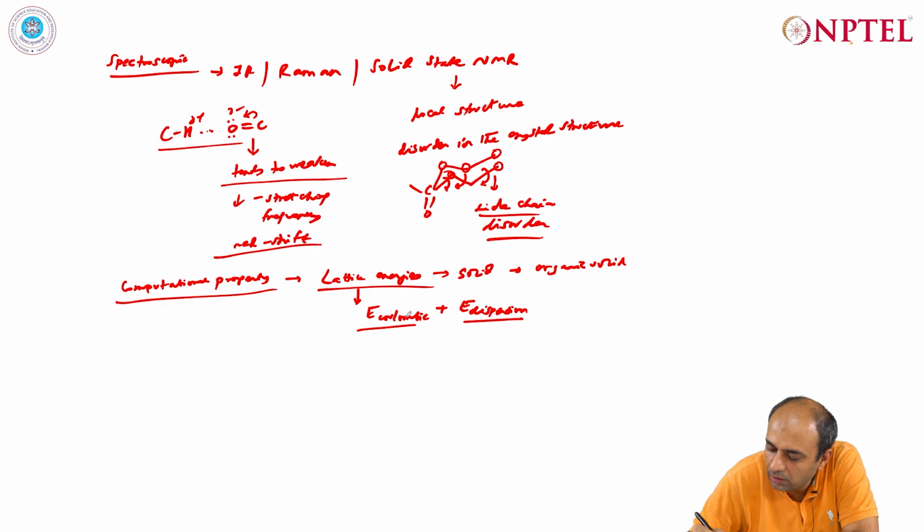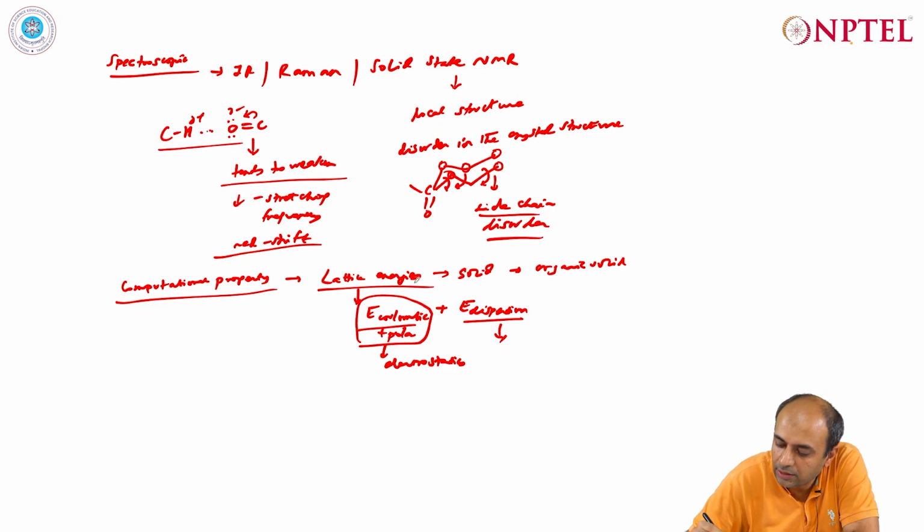So we can have the coulombic interactions, which also includes the polarization, and this is together called the electrostatics term, and this is the dispersion term. So this together is contributing towards the overall lattice energy of an organic solid. Then we can look at physicochemical properties.